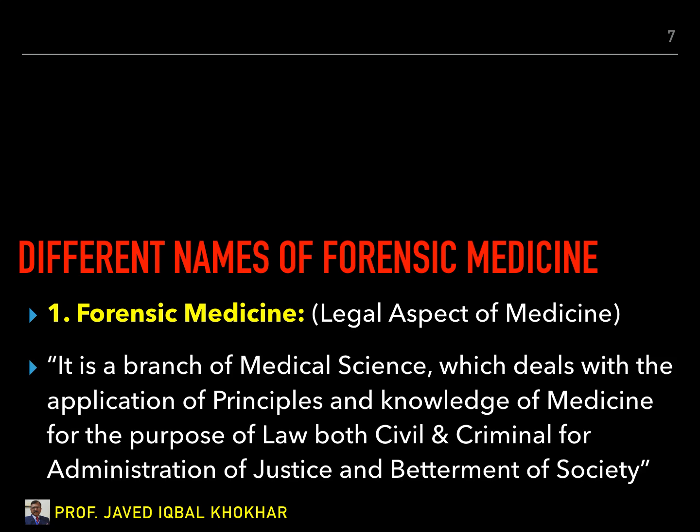So this is the branch of medical science which deals with the application of principles and knowledge of medicine for the purpose of law, both civil and criminal, and all this is to be done for the administration of justice. And whenever there is administration of justice, the society will be bettered. So that is the betterment of society.